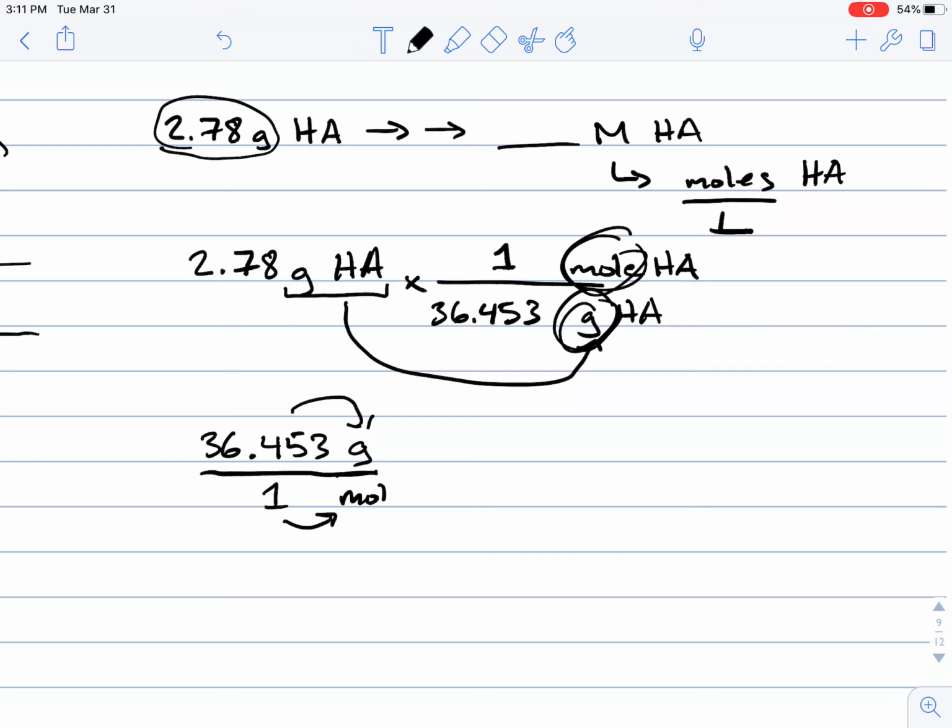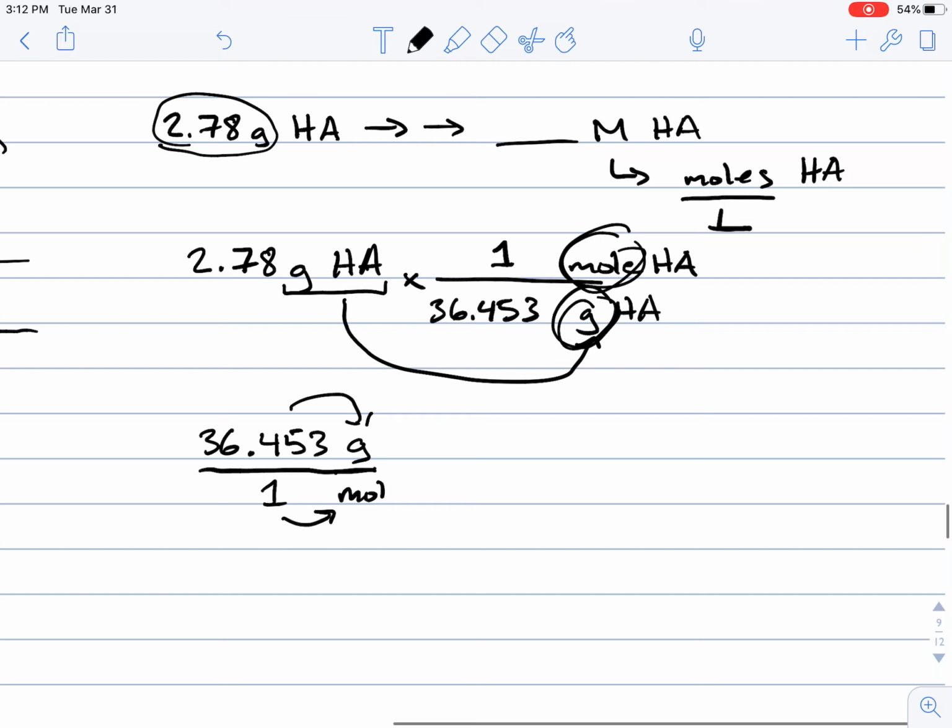And so this is telling us that we're going to divide these two values. And when we divide these two values, we're going to get 7.63 times 10 to the negative 2 moles of HA. And so that's what we're going to put in the numerator to determine the molarity of this solution.